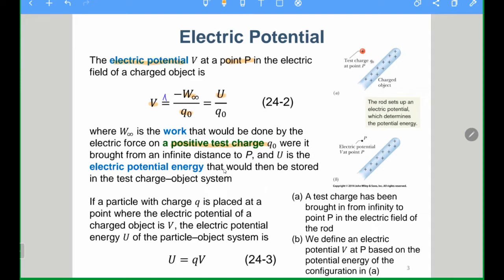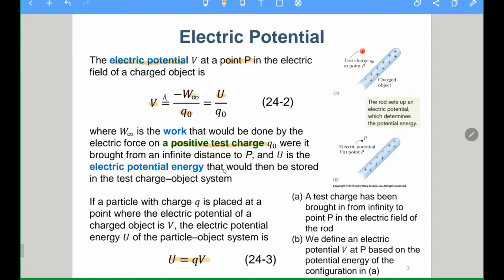So you can imagine you need to spend some force to put the charge close to a positive charge. This is one very important equation, and we may still need to use it later: the potential energy equals the charge multiplied by the electric potential.